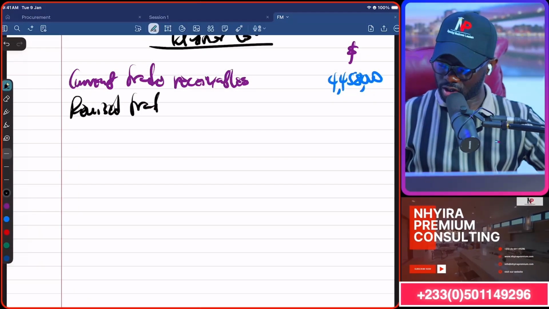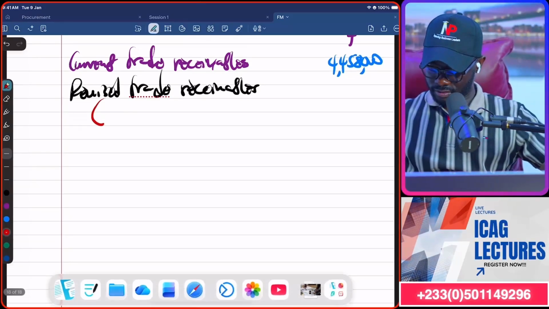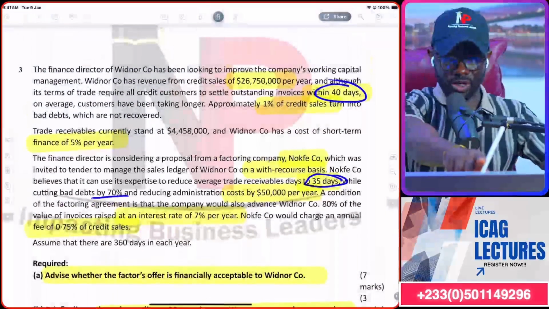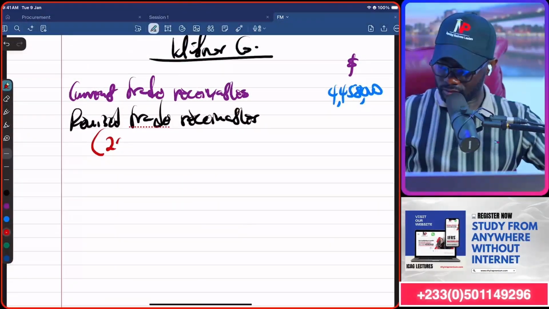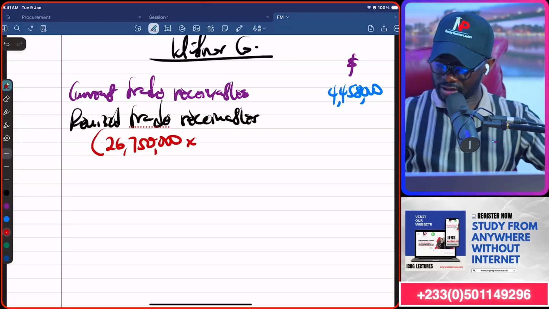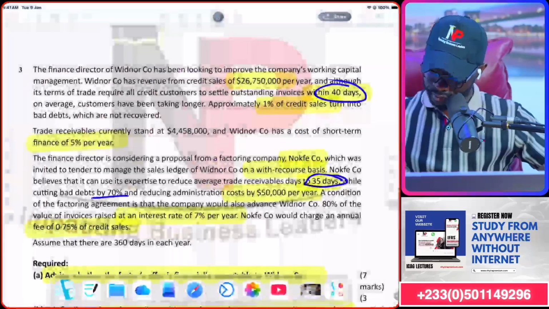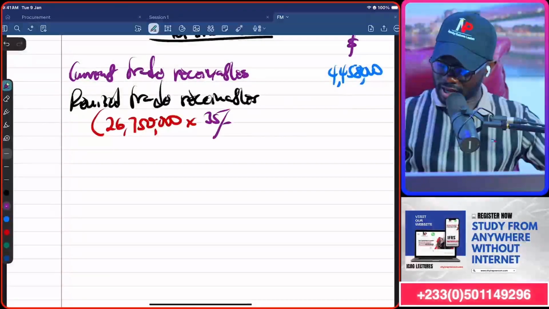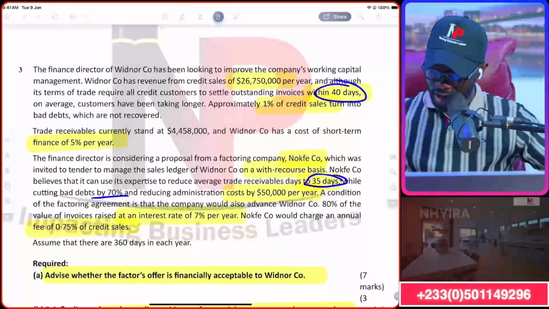So revised trade receivables. And that is going to be the annual sales we do on credit, 26,750,000. Multiply that by 35 over 360. So you got to be careful here because they've given you the number of days.